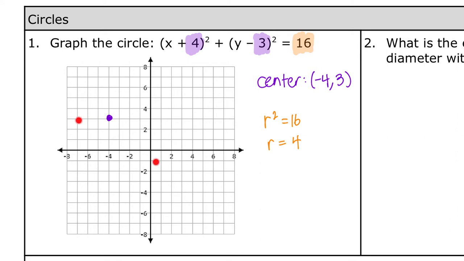So 1, 2, 3, 4 to the left, 4 up, 4 right, and 4 down, and then use those points to help you draw your circle. So something like that. Of course on your test it's going to be better because it'll be a printed picture, but you get the idea.